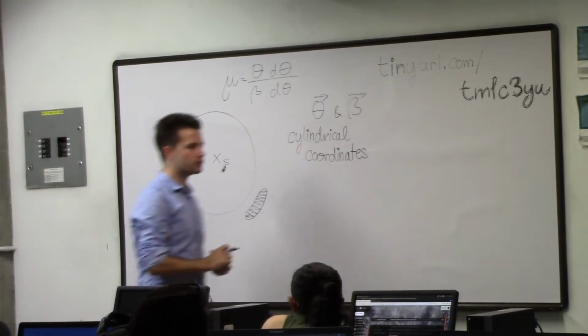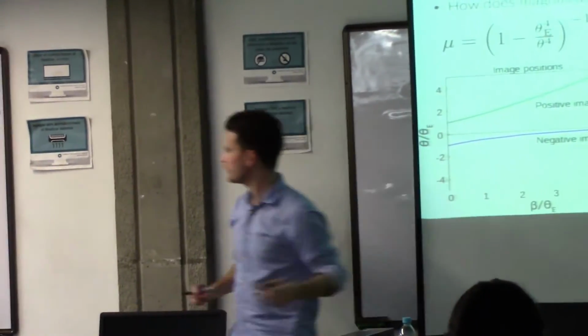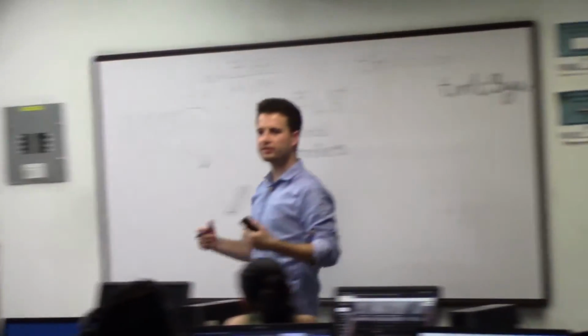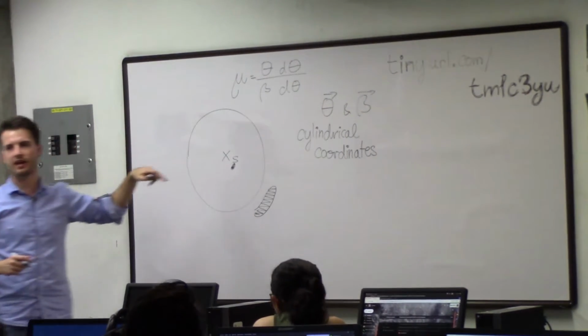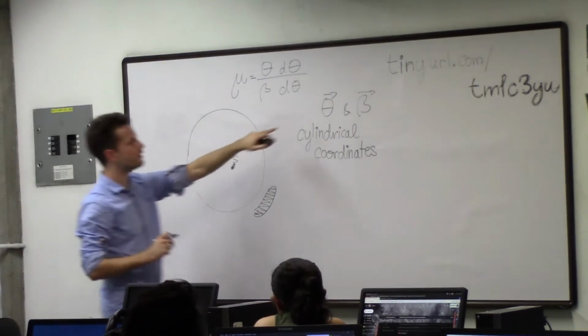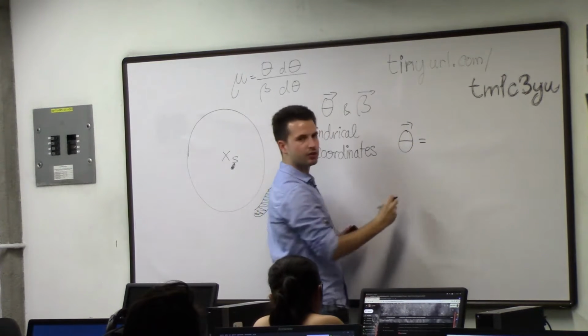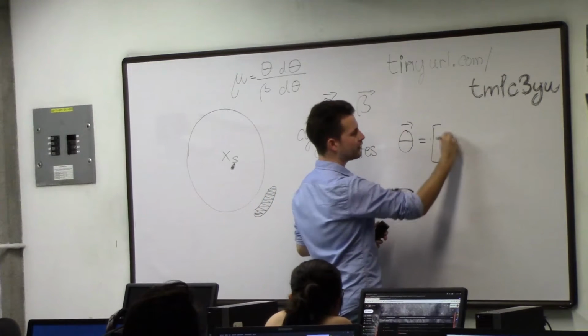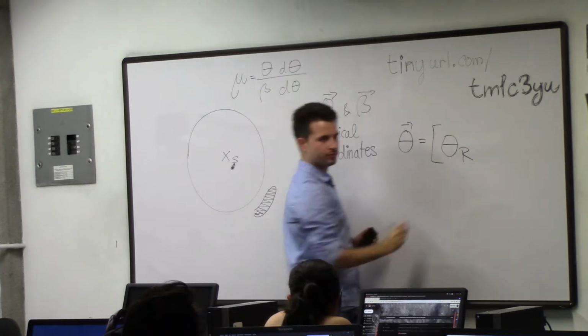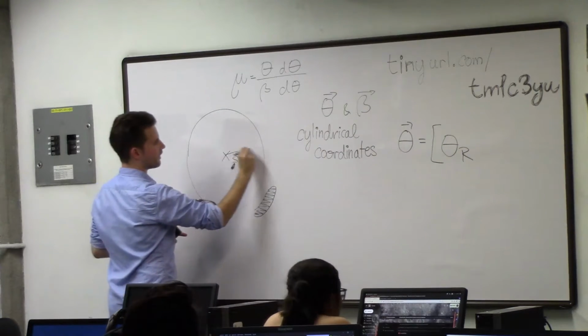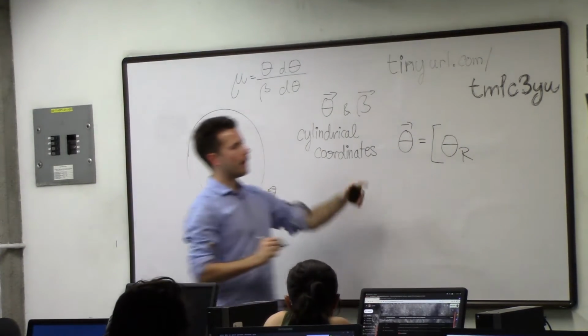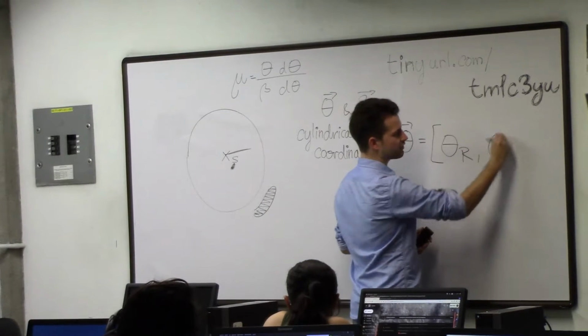So you should actually consider them, let's say, for a circular symmetric lens in cylindrical coordinates. Each of these vectors has a component in the radial direction, in this direction, and also in the tangential direction.